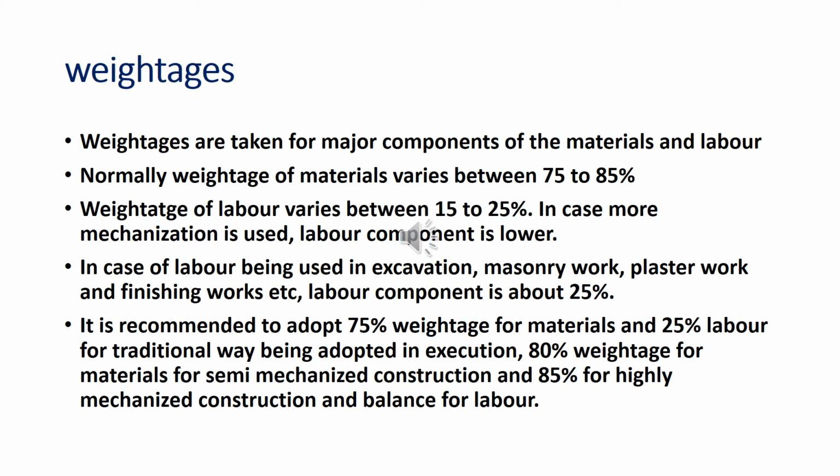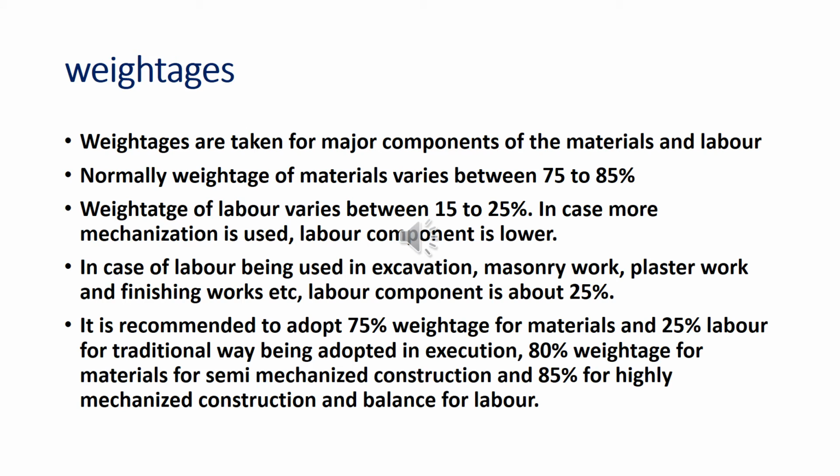Then weightages of labor vary between 15 to 20% in general. In case more mechanization is used in the building, the labor component is on the lower side, while for labor intensive buildings, this may be more towards 20-25%.